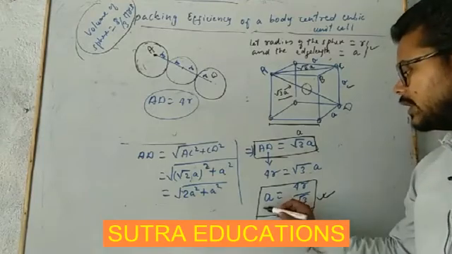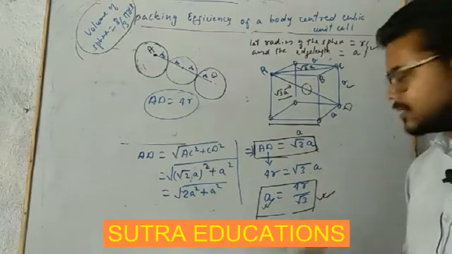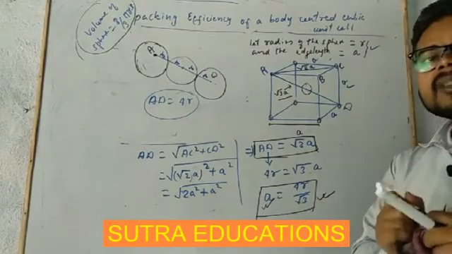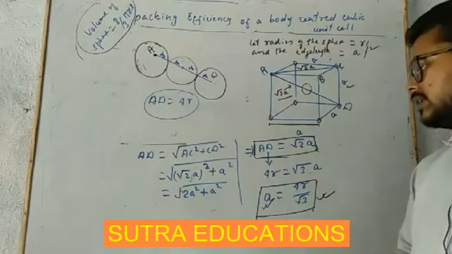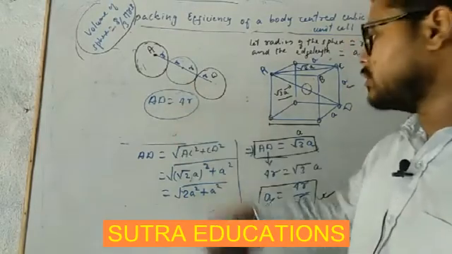Now we have the edge length, we know the edge length is equal to 4R upon root 3. So we will calculate the volume of the unit cell, and the volume of the unit cell will be equal to A cube.